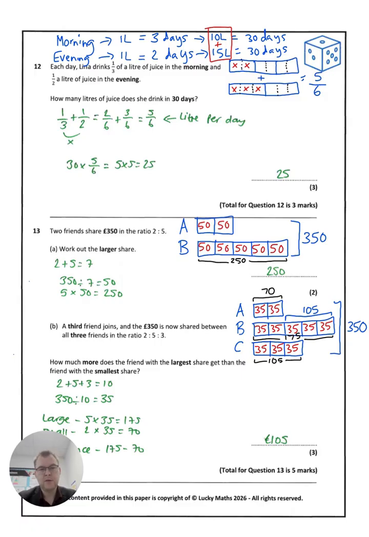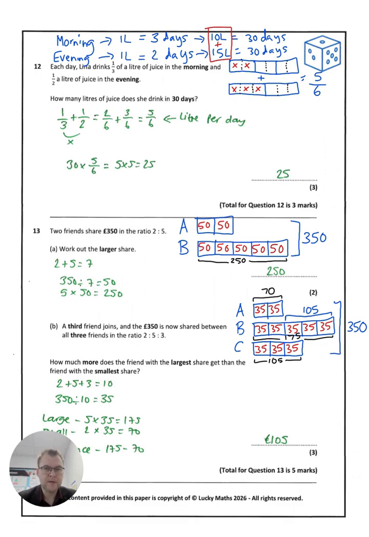Or another approach, which I've put at the top, is the morning. If 1 litre is going to take 3 days to be drunk, looking at the morning bar model, because 2 out of 6 or 1/3 means every 3 days you'll drink 1 litre. So in 30 days' time, you'll have drunk 10 litres based just on the morning drinks.